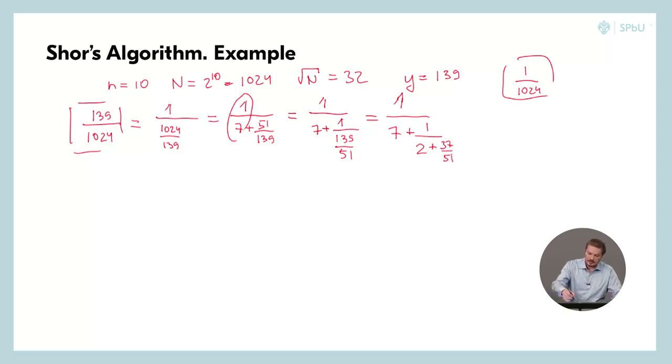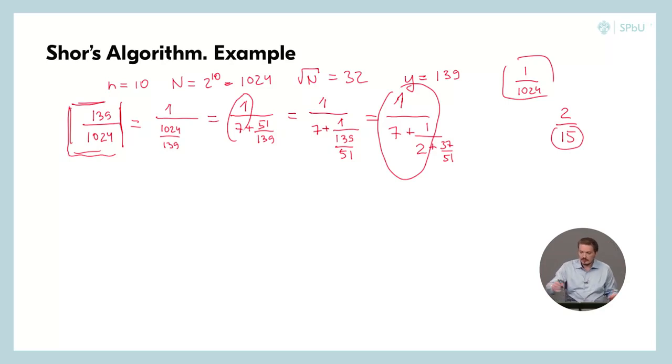So our next estimation is this. And if we multiply both numerator and denominator by 2, we get the second estimation, 2 divided by 15, which is closer to the original fraction. And still, it has denominator less than 32.